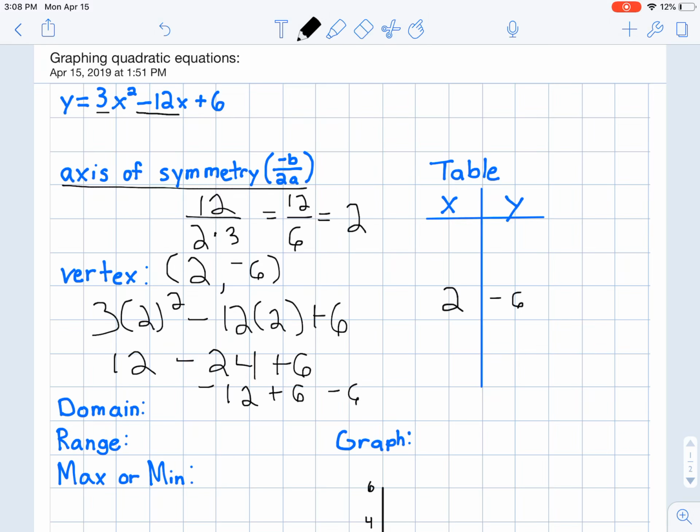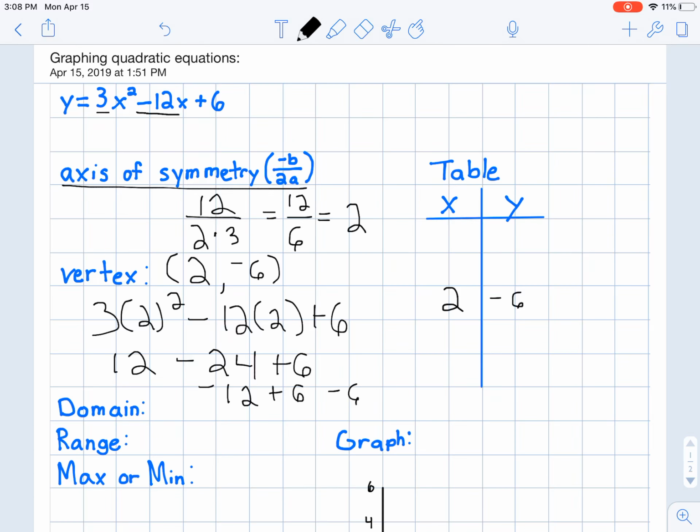Okay, so now the next thing I'm going to do is continue to fill in points. Because the axis of symmetry is 2, all my points are going to get bigger or smaller from that line, which is kind of nice.